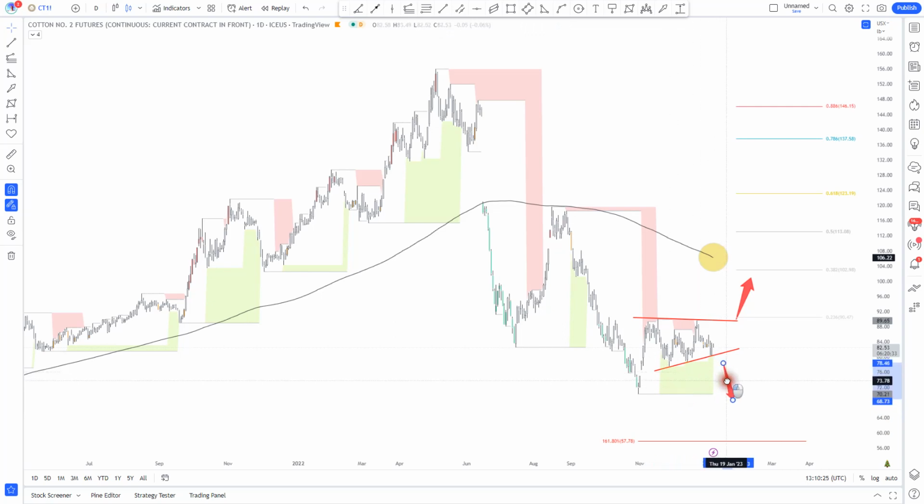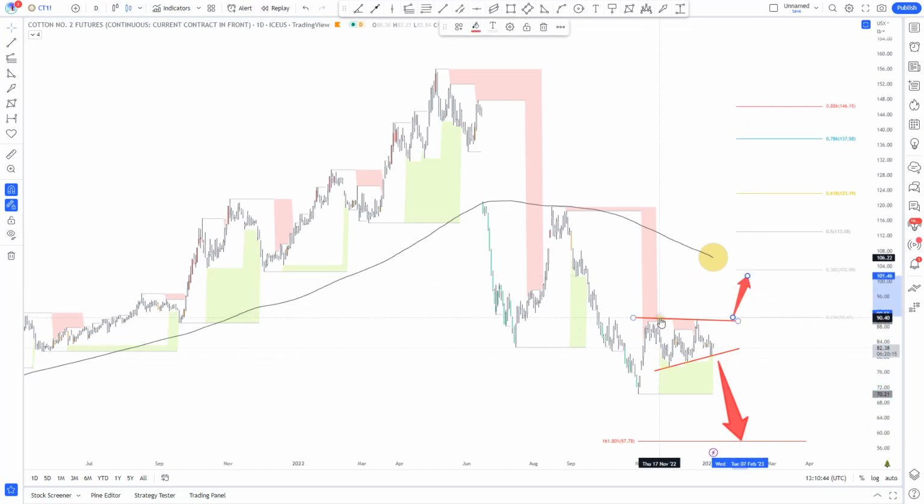Again, the breakout below this trend line support, I believe it may trigger a retest, at least a retest of the lows, and then I will point, if there's a breakout of the support, to the formation of this eventual crab pattern at the lows.